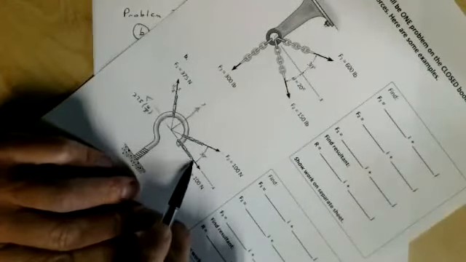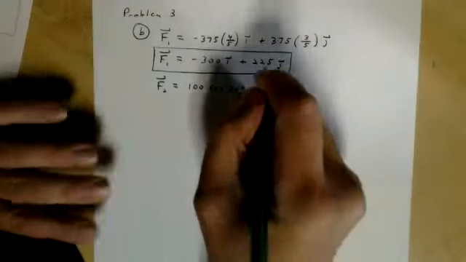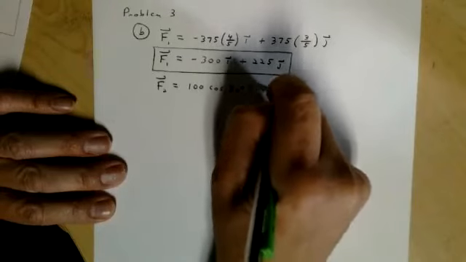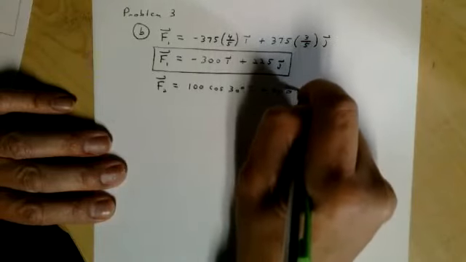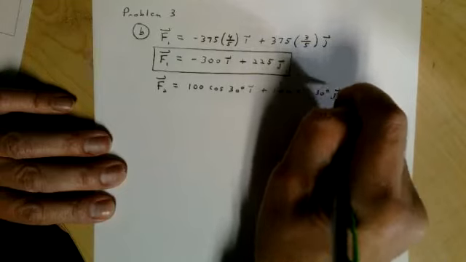And then if the X was cosine, the other one has to be sine. Plus 100 sine 30 degrees, J.